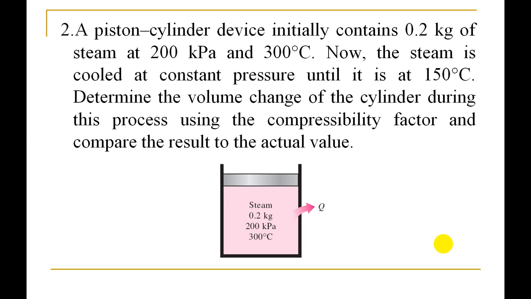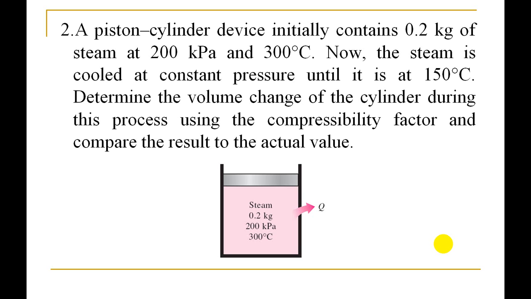Then state 1 is 200 kilopascal, pressure P1, and T1 is equal to 300 degrees centigrade. Now the steam is cooled at constant pressure. The process is at constant pressure, then P is constant until temperature T2 is equal to 150 degrees centigrade.